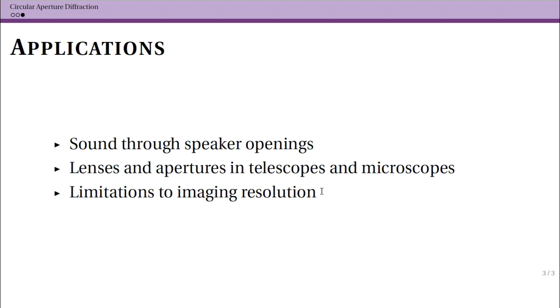So if you want to focus down to something that is, say, only a few microns in scale, you might start putting in apertures that are also a few microns or maybe fractions of millimeters. So our fundamental limit to imaging resolution, basically how small can we see stuff, actually comes from this diffraction limit.